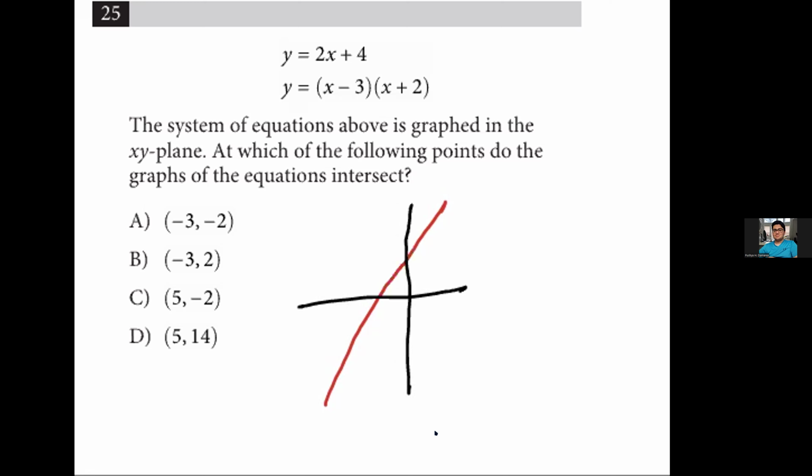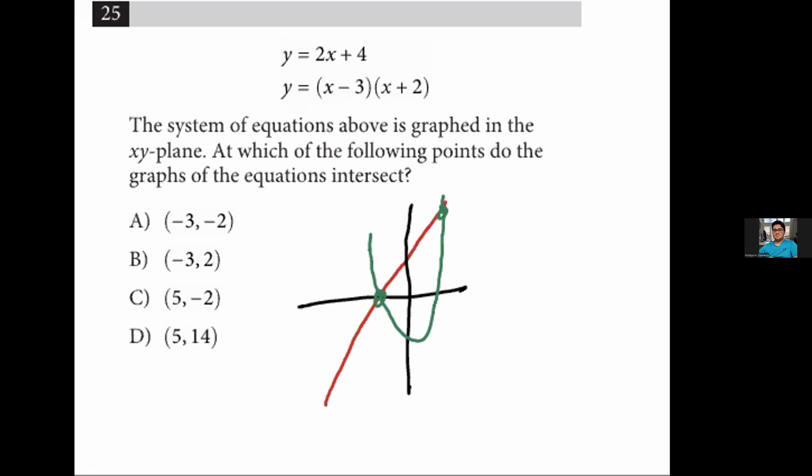And if we would graph x minus 3 and x plus 2, we would get a line like this. And these would be our two intersection points.